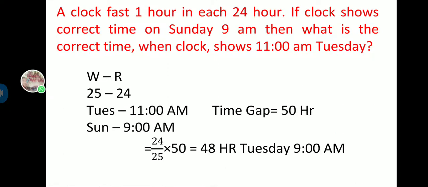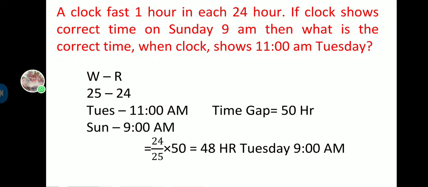Again, a clock gains 1 hour in each 24 hours. If the clock shows the correct time on Sunday 9 a.m., what is the correct time when the clock shows 11 a.m. on Tuesday? The clock gains 1 hour in each 24 hours, so 24 becomes 25, right?